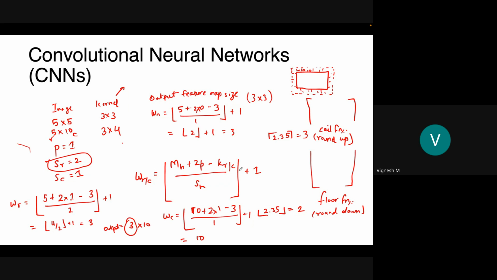This time you replace the K value with the rows of the kernel or the columns of the kernel, and it will work out the same. So a rectangular kernel will also work. You'll see this formula working. You can try it out.